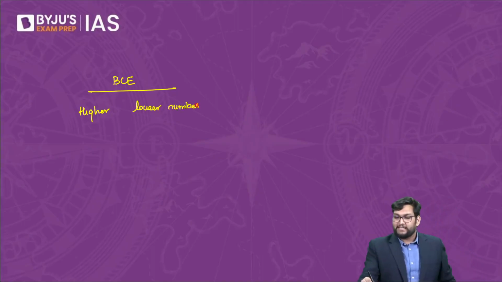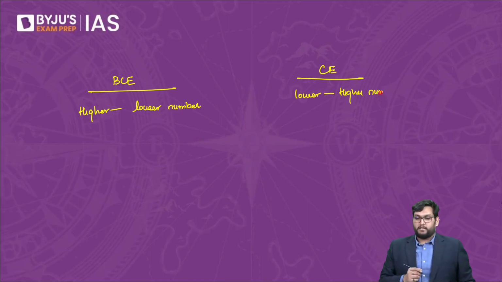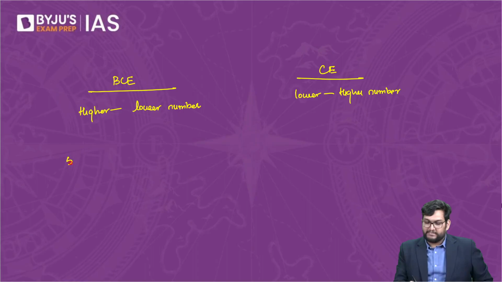And in CE, you always write the lower number then the higher number. Meaning, if I have to write, I will write 5000 BCE to 3000 BCE.